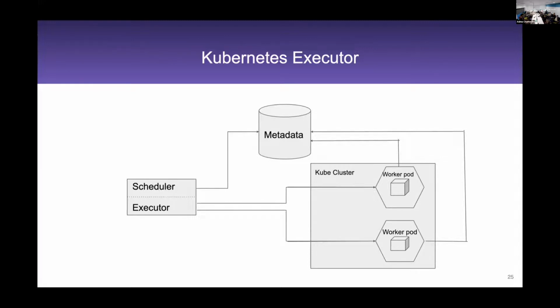So you get complete isolation, but it comes with a trade-off: it takes some time. You have the cluster already, but you are spinning up the pod, and that takes some time to come up. So it gives you good isolation, but at the cost of latency.